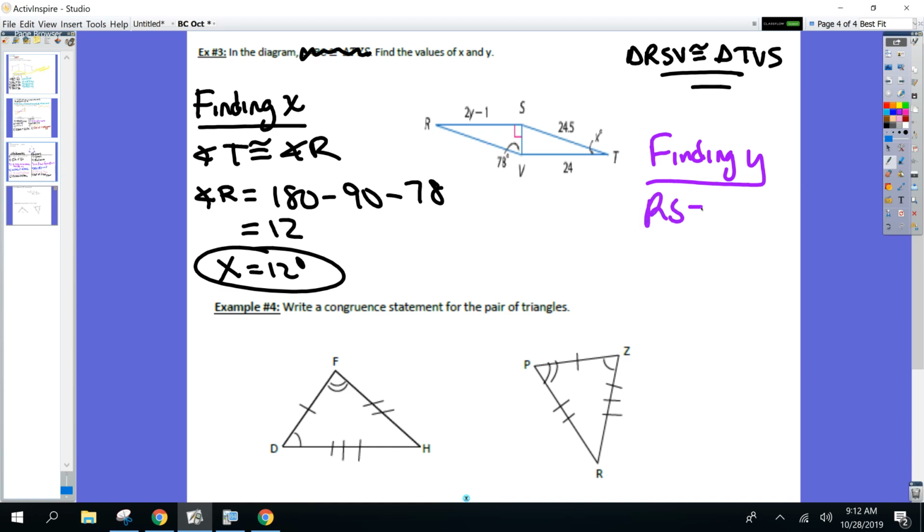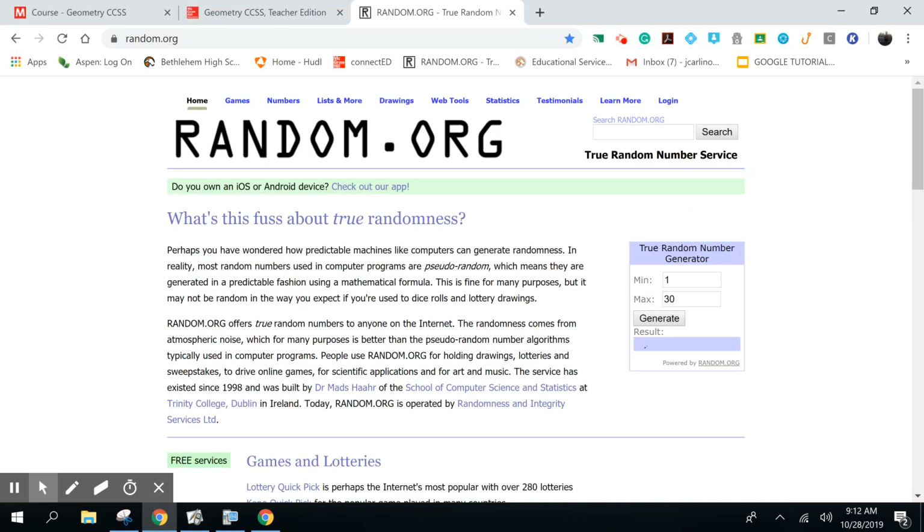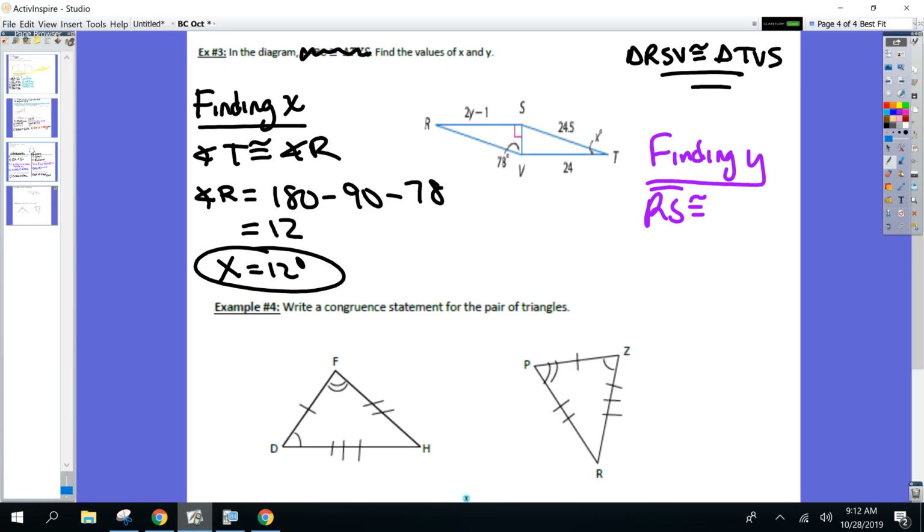So first thing I'm going to ask, what's RS correspond with in the other triangle? What's RS correspond with? VT, yep. And what did I label as VT, Izzy? So I'm going to set 2y minus 1 equal to 24, because I could have set it equal to 24 and a half.